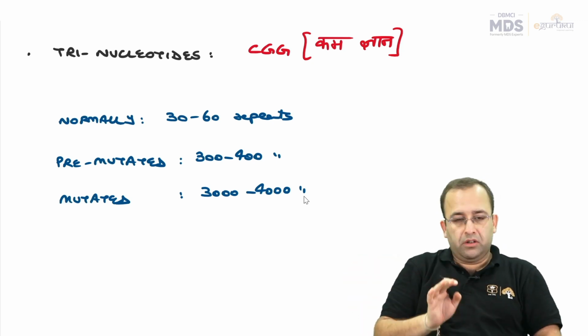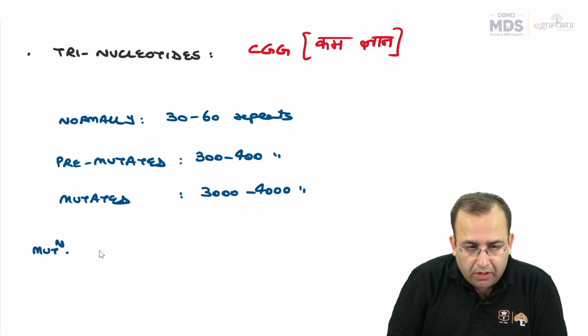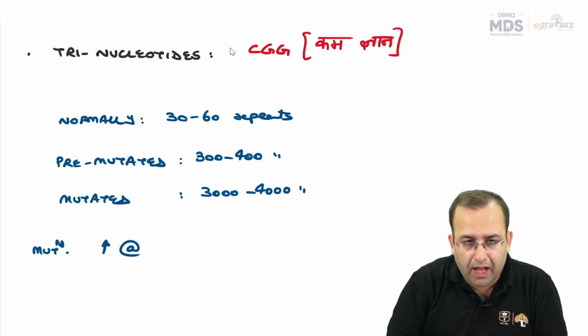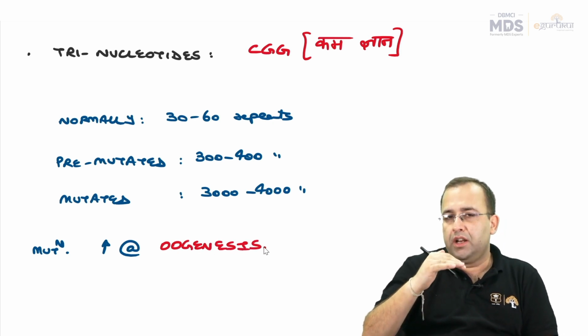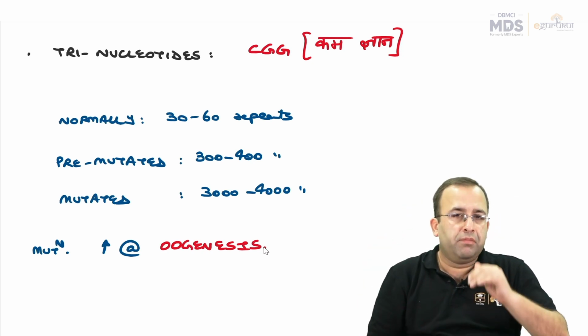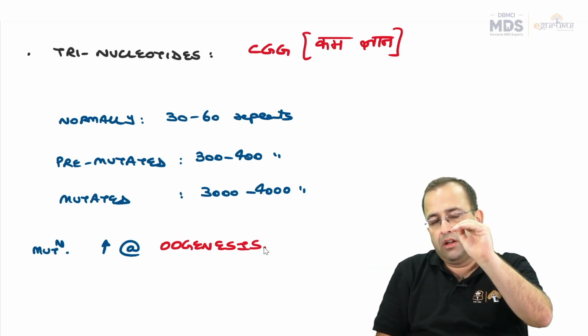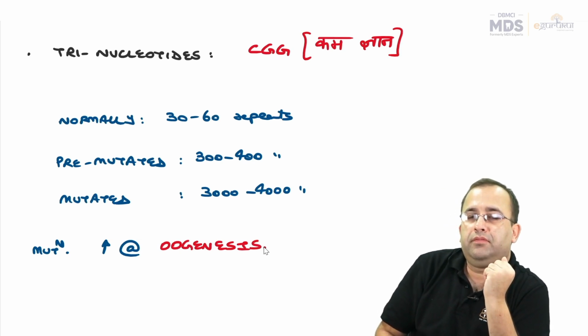Does not matter. What is very important is the mutation increases at oogenesis, which is very, very important. The mutation increases from mother to the child. Meaning if the mother is in pre-mutated state, her child will be in mutated state.